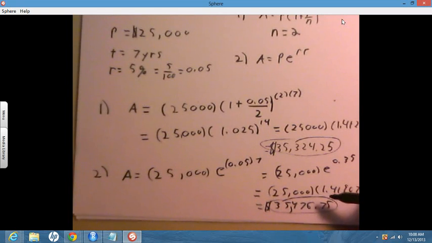But notice that if we look right before we multiply by 25,000, the compounding part of the expression is 1.41907, where here it is 1.412. So the first two decimal places, these two parts are already the same before we multiply by the 25,000.